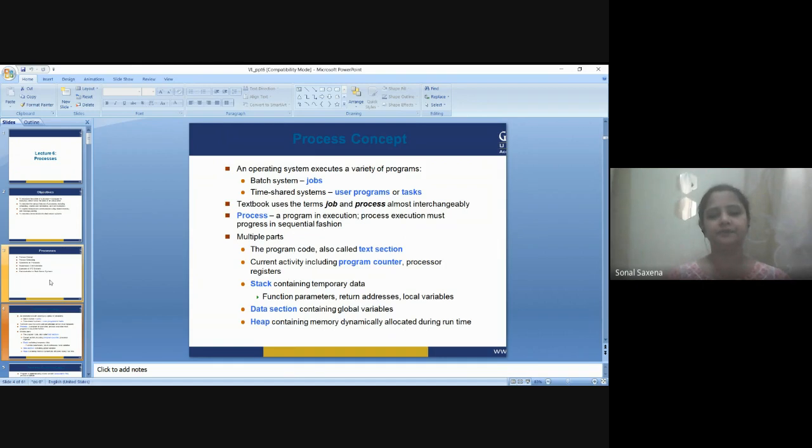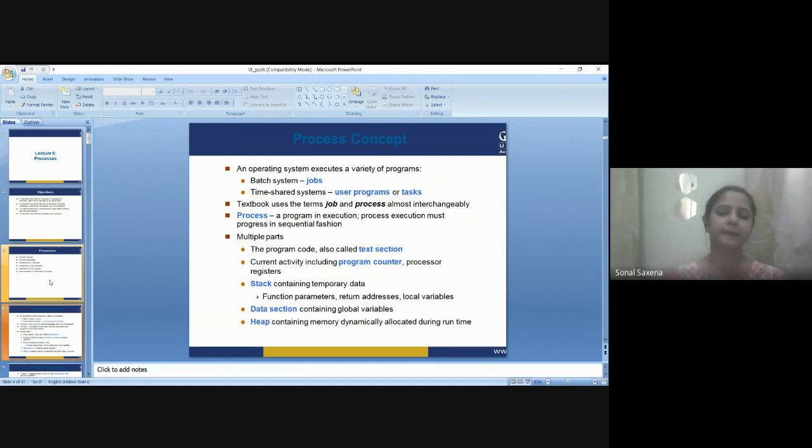Now a process has got multiple parts. It has got the program code, and a program counter, which is used to store the address of the next instruction to execute. Then it has a stack, which contains temporary data. The stack can have function parameters, return addresses, and local variables.